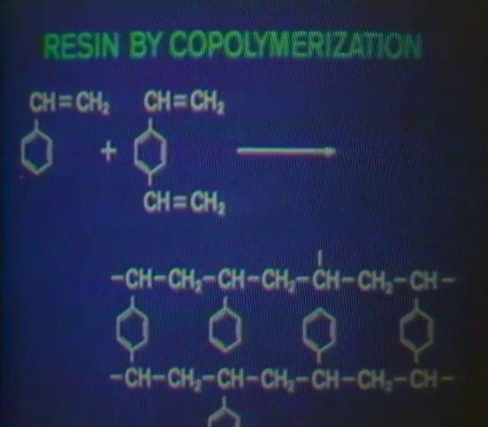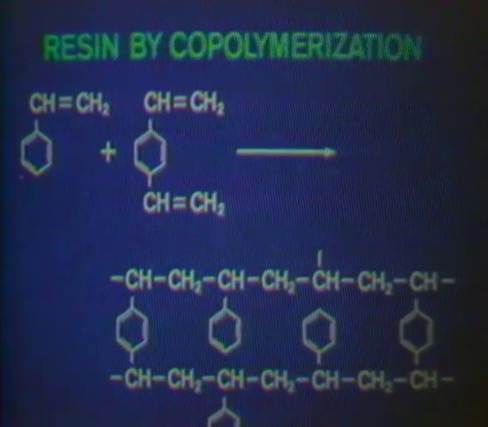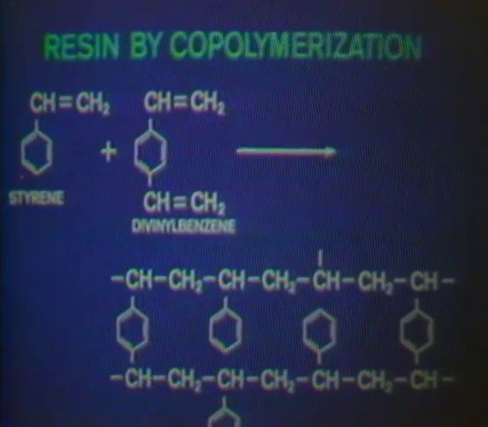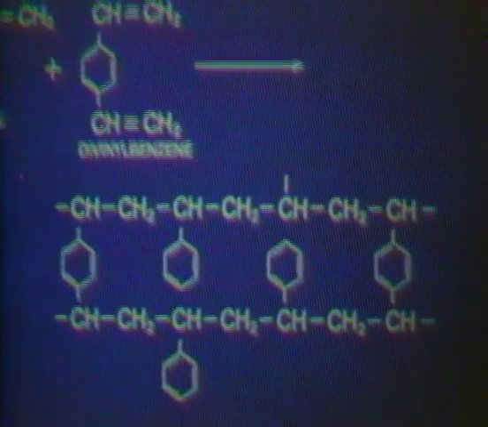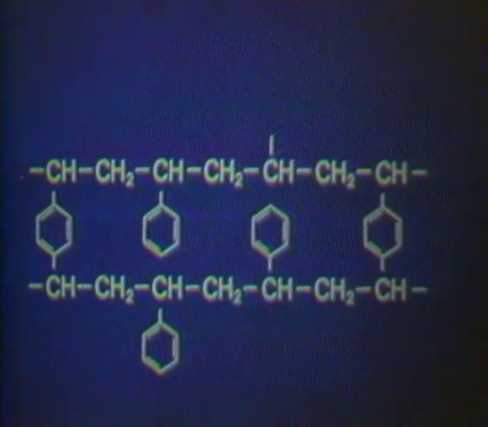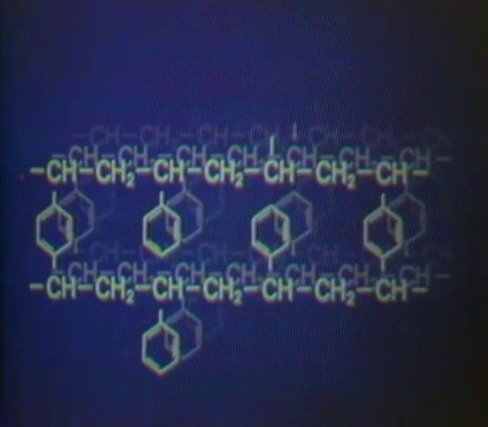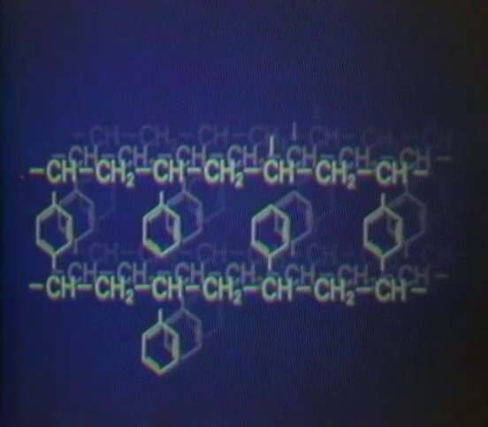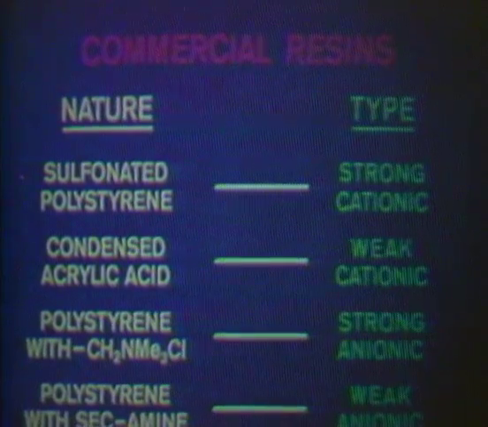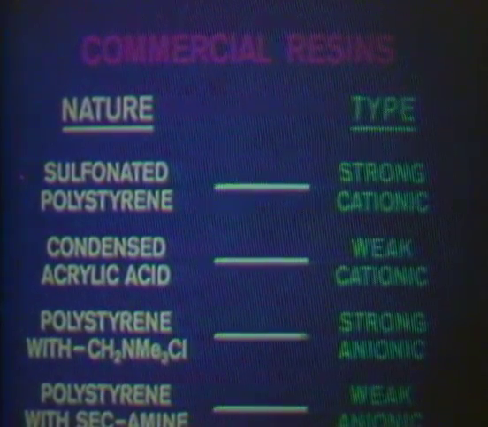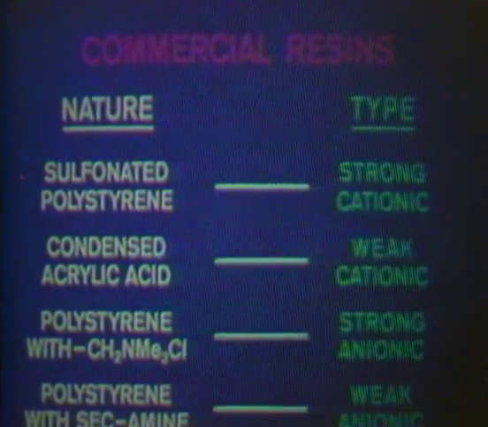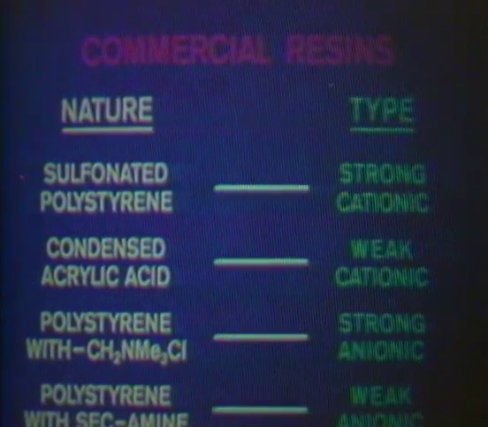A typical resin is prepared by the copolymerization of styrene with divinyl benzene. The structure is actually a three-dimensional matrix containing numerous ionizable functional groups. These four commercially produced resins represent strong and weak types, both cationic and anionic.